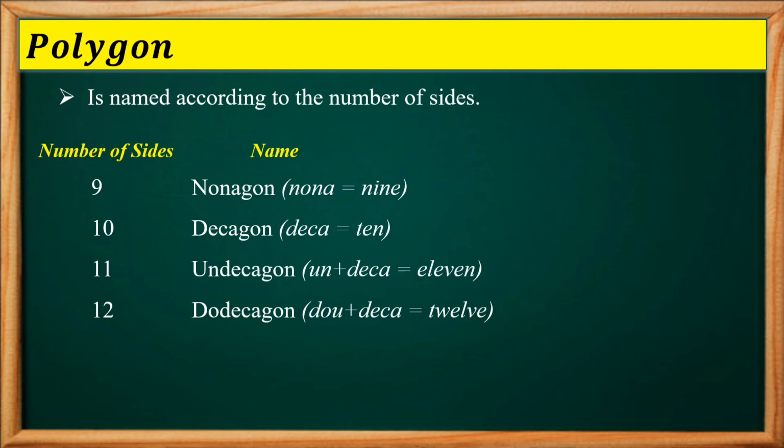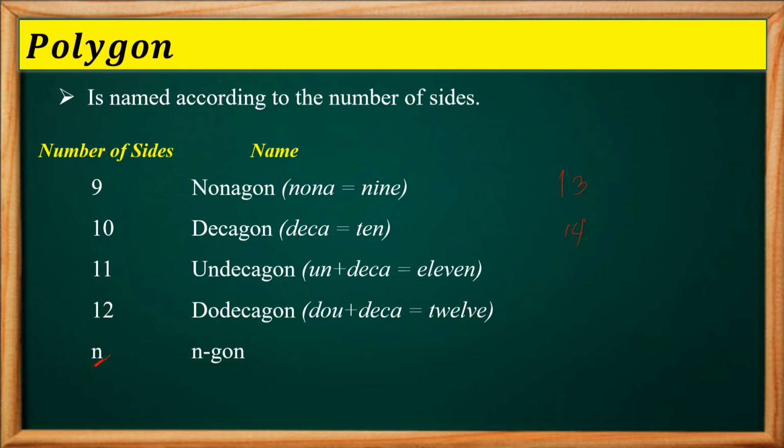Then, some books, meron silang 13, meron silang tinatawag na 14, meron kanya-kanyang pangalan, but on this lesson, up to 12 lang tayo. Then, more than 12, we have what we call the n-gon. Okay? N, it represents the number of our polygon. Then, we will call this one n-gon.